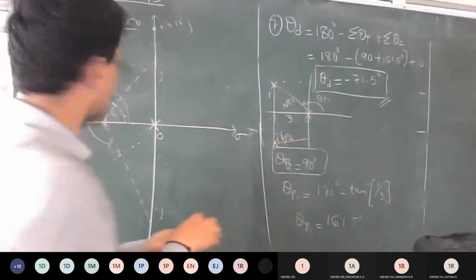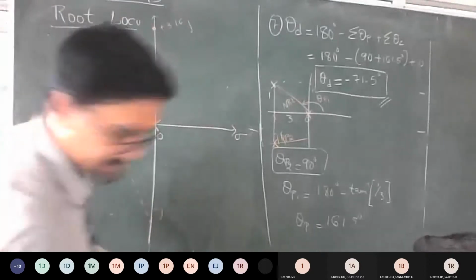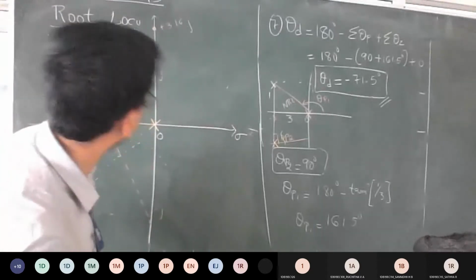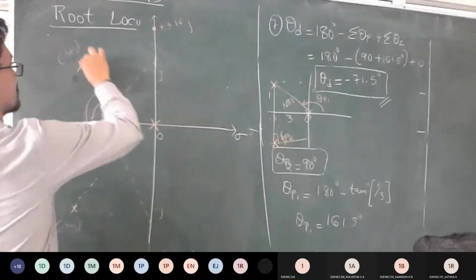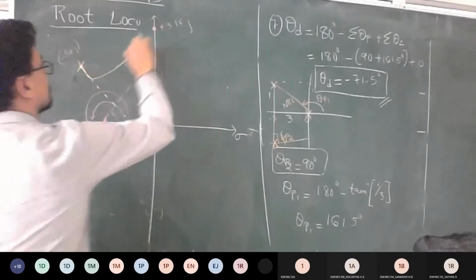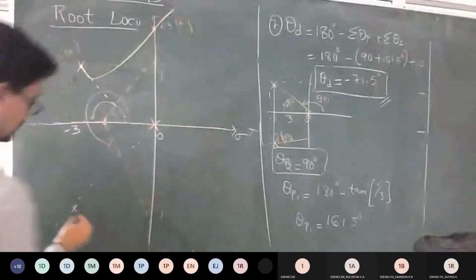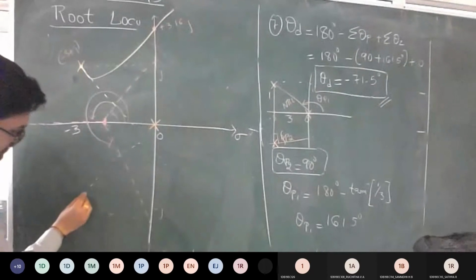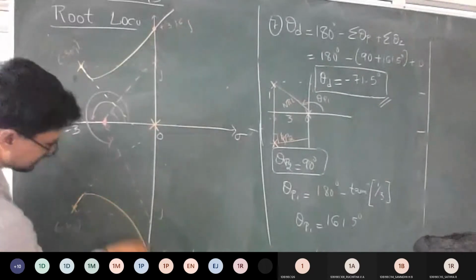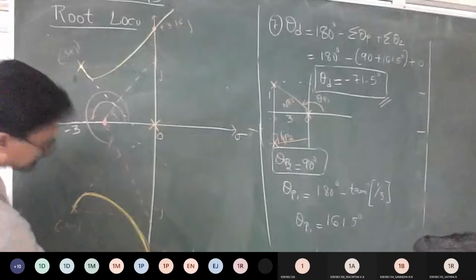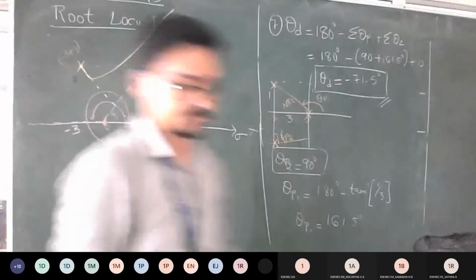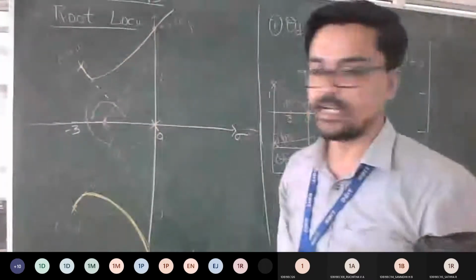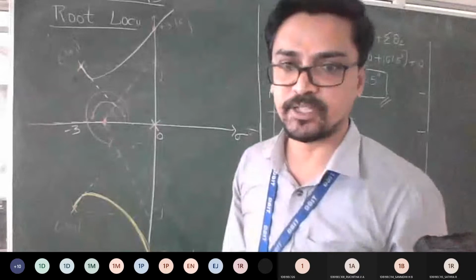So how to cut the angle now? You can take some part and cut it and join that point. Agree, everyone? So this you can represent as the angle of departure. This is the way you need to plot the root locus for the given question.